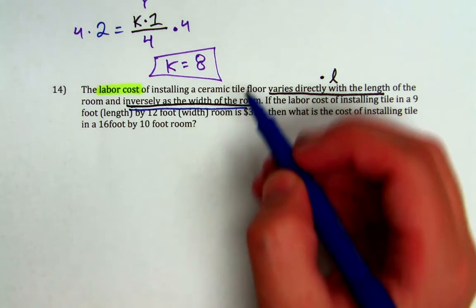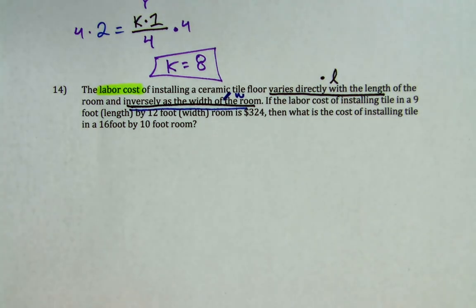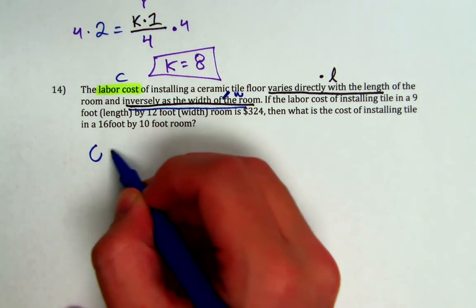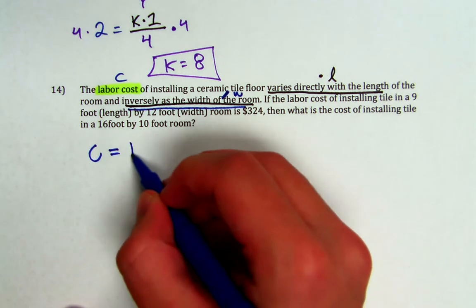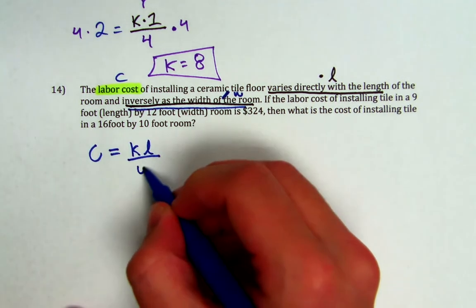So inversely means I'm going to divide by the width, W. So right away, just go ahead and set up an equation first. Cost, I call that C. So C varies directly with L, the length, and inversely with W.